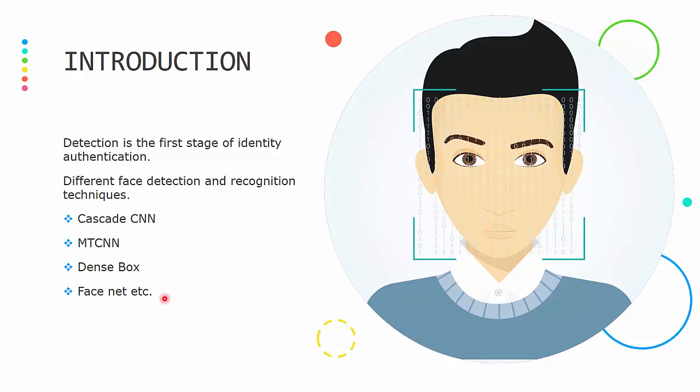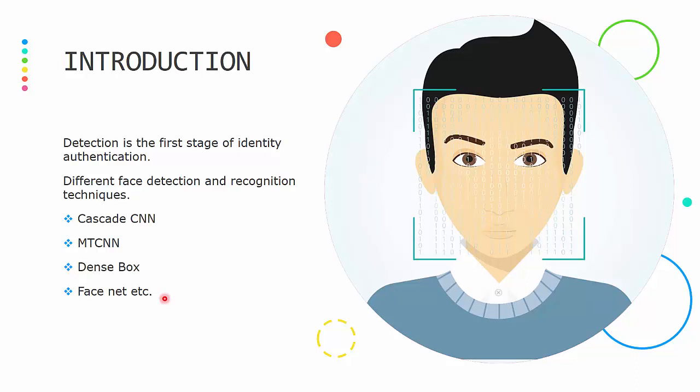Other than traditional algorithms, deep learning based face recognition has achieved better performance, for example Faster R-CNN, ResNet, and many more. Today is the era of deep learning, and we have achieved many great results using deep learning. So YOLO face is basically a deep learning model.